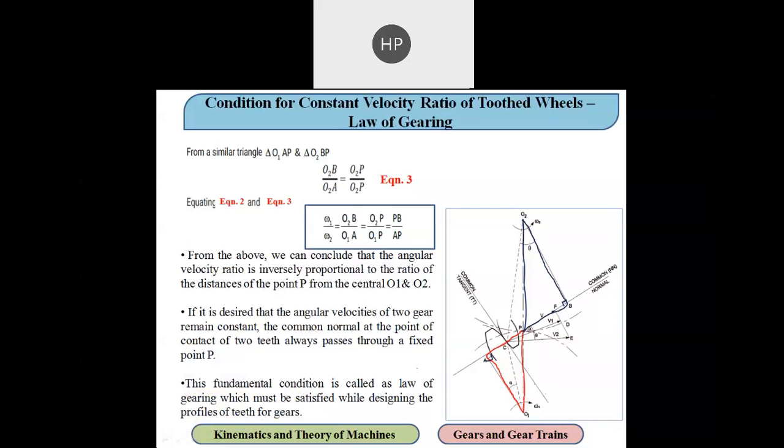Both these triangles are similar triangles.